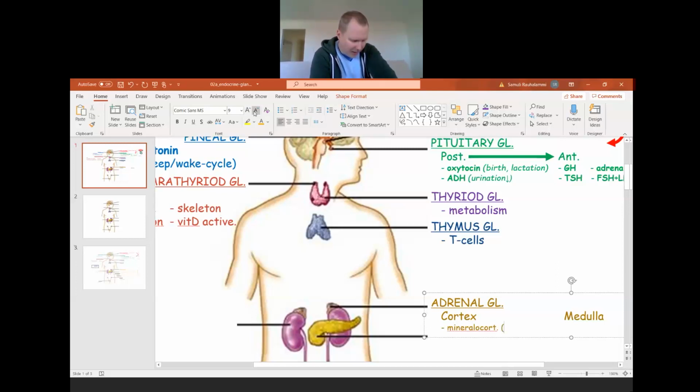So the cortex of the adrenal gland secretes mineralocorticoids. Mineralocorticoids play a role in the regulation of the electrolytes. So you can think of, for example, when you are exercising a lot and you lose a lot of fluids, you might end up then drinking a lot of water. But if you drink just water, that's not going to work for you. What will happen?